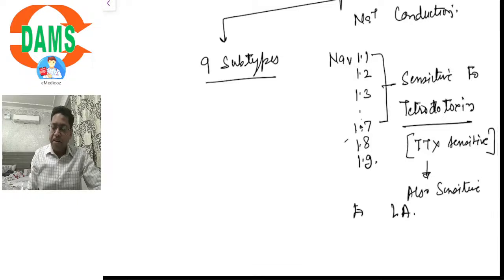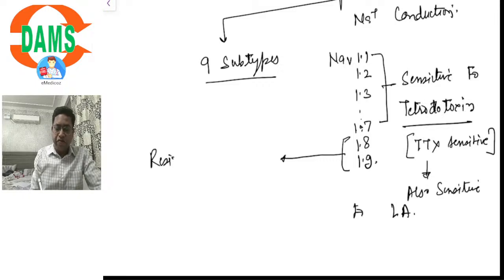But these subtypes 8 and 9, which are mostly present on peripheral sensory nerves, like the nerves present in the dental pulp of patients with irreversible pulpitis, are resistant to tetrodotoxin.